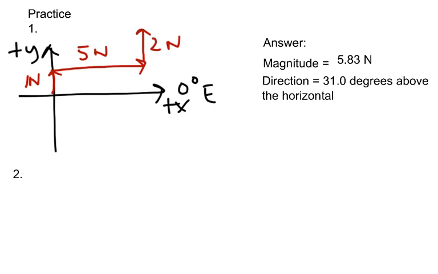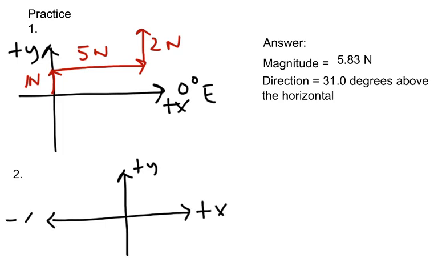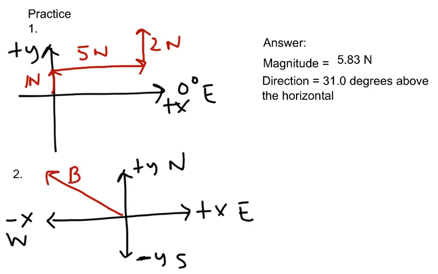Okay, so for number 2, we are going to again have our coordinate axes here. This is plus y, plus x. We're going to go a little bit on the left side now, minus x and minus y, or north, south, east, west. And now I'm going to have a vector. We're going to call this vector B. It has an angle here of 25 degrees.